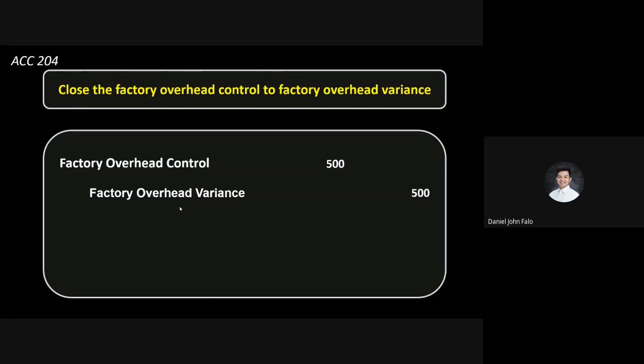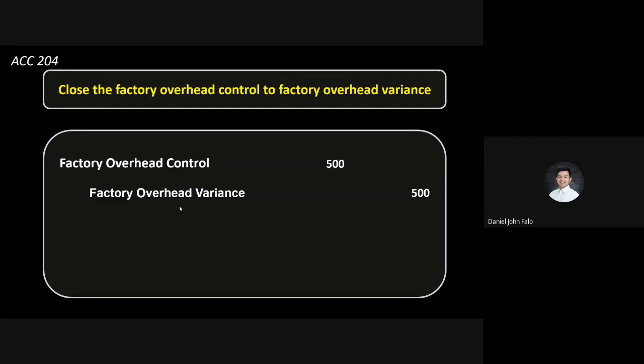But if the budget is lower than the actual, it means your planned amount of factory overhead is not enough to cover the actual, or the actual becomes much higher than the planned cost of the factory overhead. That means it is considered unfavorable on the part of the company if there is under-applied factory overhead.